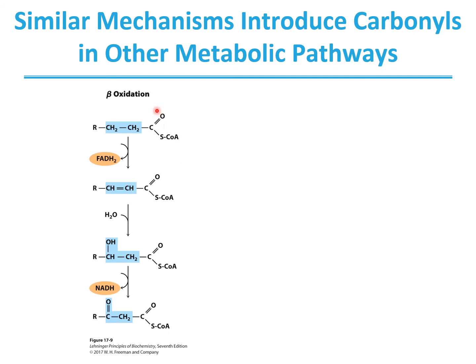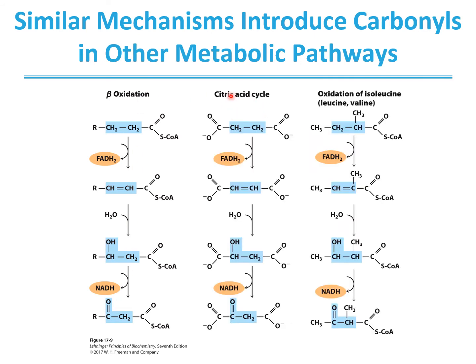The sequence of reactions occurring during beta oxidation, i.e. oxidation generating FADH2, hydration, and then dehydrogenation of this hydroxyl group, is also found in reactions in the citric acid cycle and in the oxidation of some amino acids, generating also FADH2 and NADH.